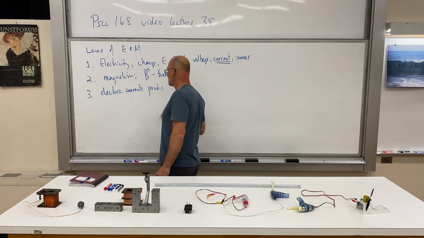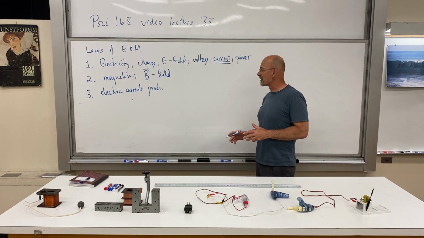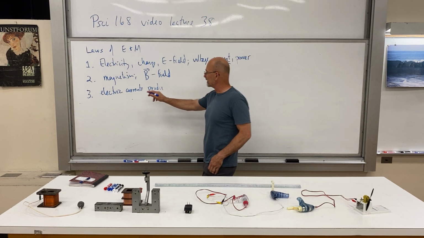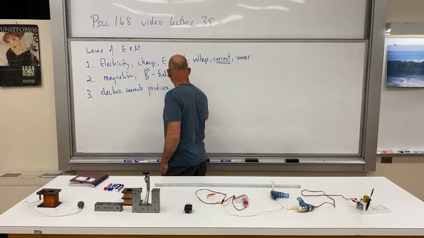So you don't need a magnet, you don't need a solid object that you could call a magnet. If you have current going through a wire, you can have a magnetic field. So electric currents produce magnetic fields.